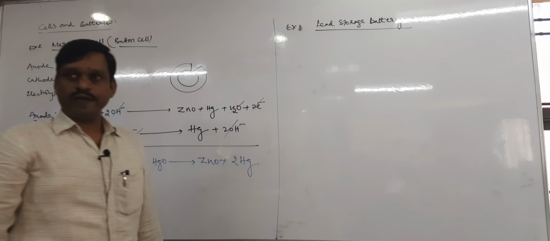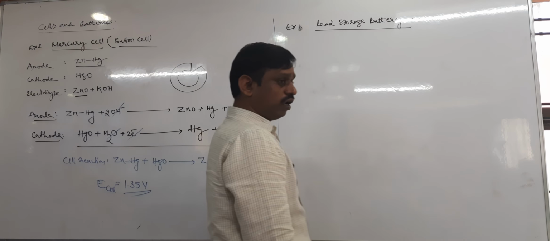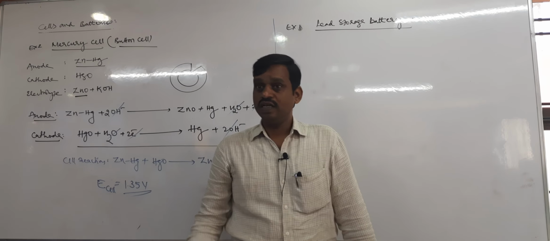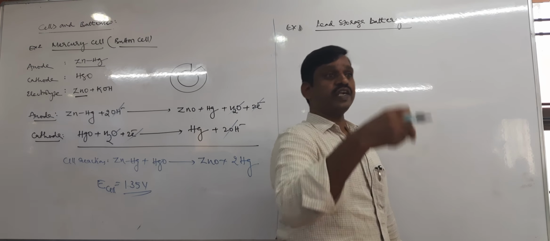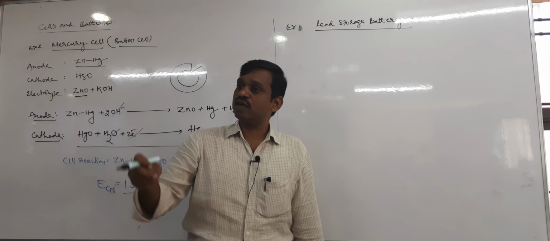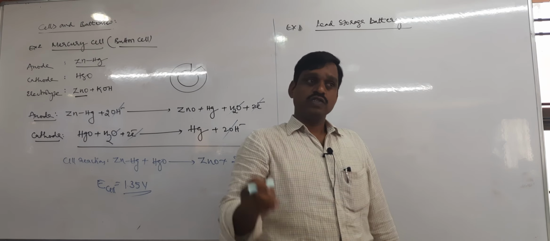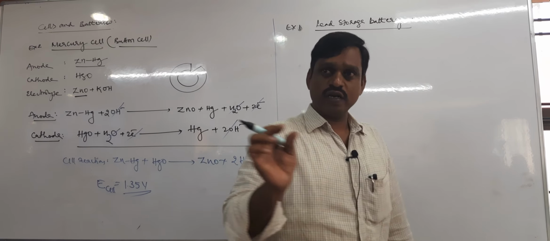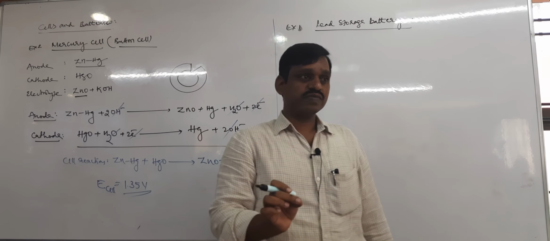Lead storage battery and nickel cadmium cell are two examples of secondary cells. In a secondary cell, once the chemicals are consumed, they can be regenerated, and the cell can be recharged by passing current from an external source in the opposite direction. Such cells are called secondary cells, or rechargeable cells.